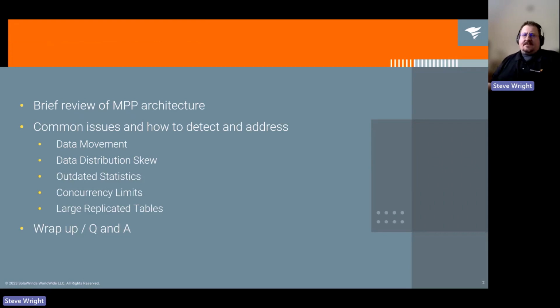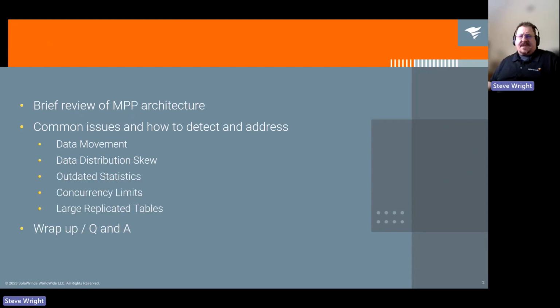I'll start with a brief overview. Dedicated SQL pools in Azure Synapse Analytics are the feature product formerly known as Azure SQL Data Warehouse. It's based on the massively parallel processing architecture. You may also be familiar with the on-prem predecessor of that, the APS appliance that Microsoft offered, also generally known as parallel data warehouse.